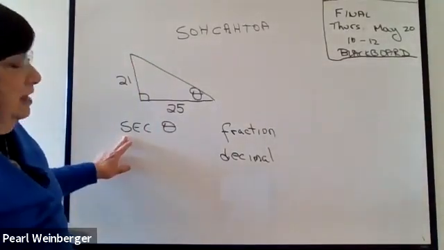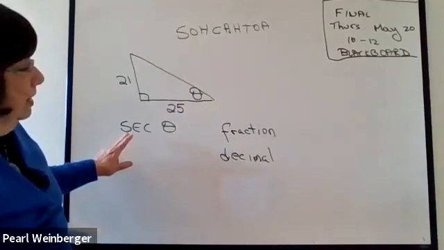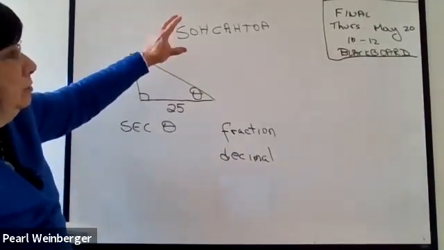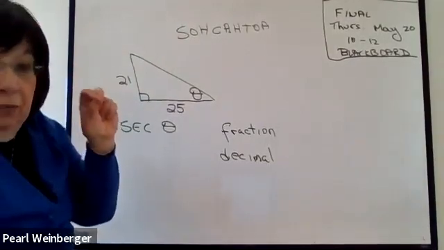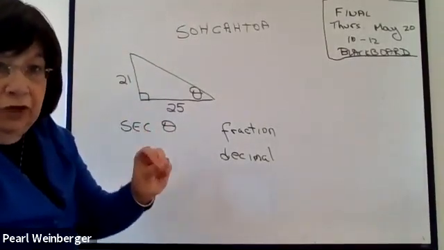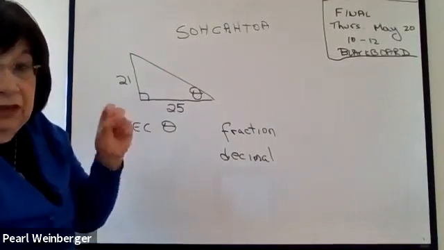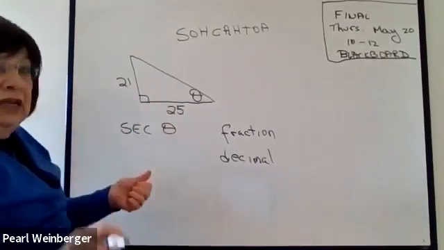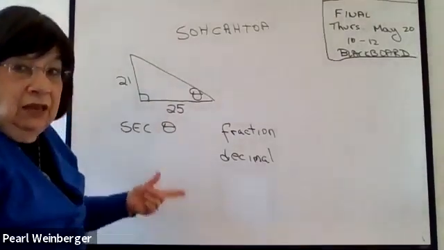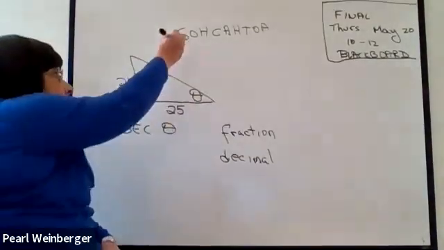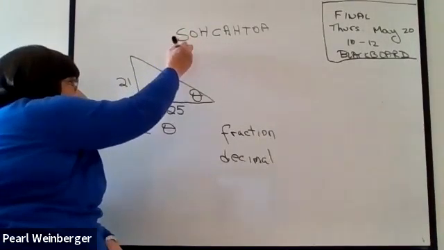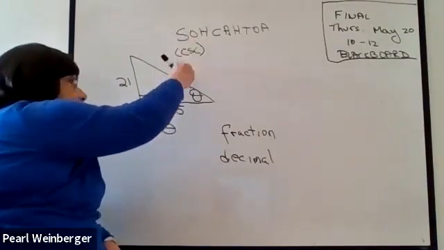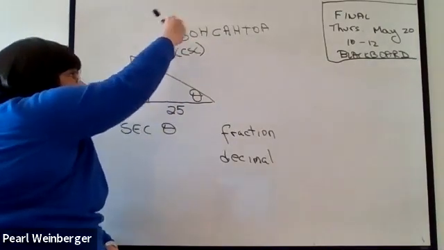But they didn't ask me for any of those three. They asked me for the secant. The sine, cosine and tangent are primary trigonometric functions. The secondary ones are the cosecant, the secant, and the cotangent. The cosecant is the reciprocal of the sine.